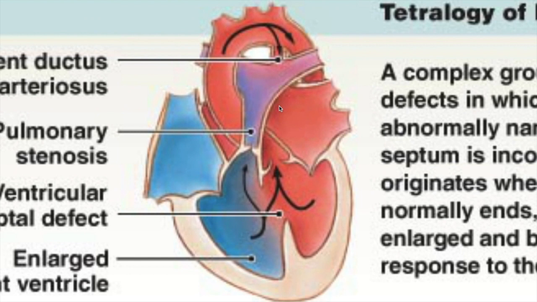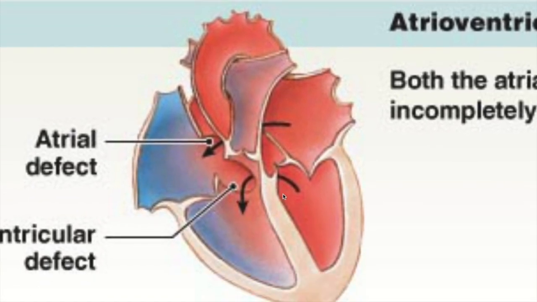Then tetralogy of Fallot is when the pulmonary trunk is narrow and the interventricular septum is incomplete. Atrioventricular septal defects is when the atria and the ventricles are not completely separated, and that can lead to blood mixing.